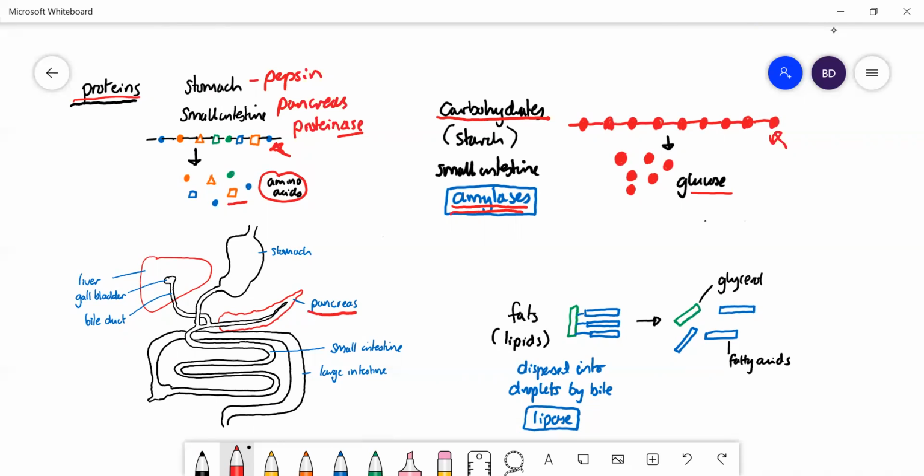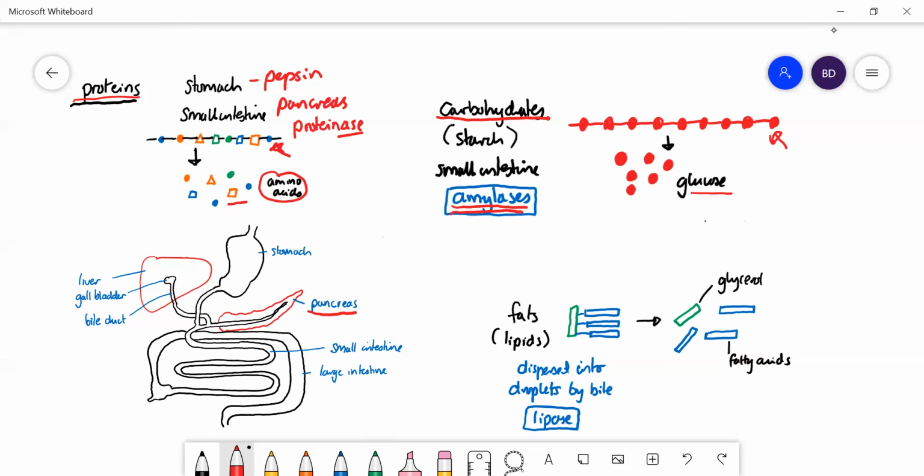Amylase doesn't break it down completely into glucose. It breaks it down into disaccharides, so 2 glucoses stuck together, and that final splitting occurs again on the surface of the cells of the small intestine. But as I say, you don't really need to know that for GCSE.